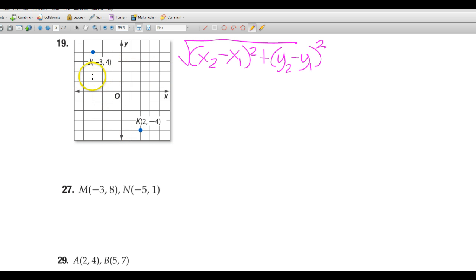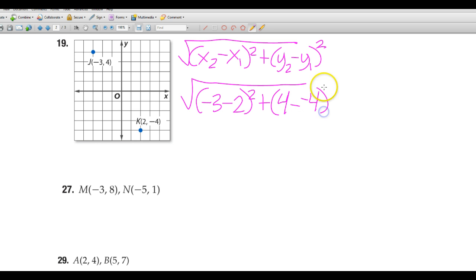So it does not matter what order, just subtract your x-coordinates. My x-coordinate here is -3, my x-coordinate there is 2. Same idea with the y's. So my y-coordinate here is -4 and here is 4. So we would get -5.